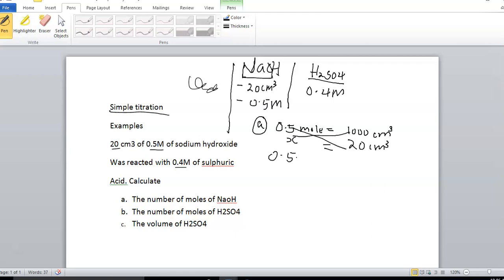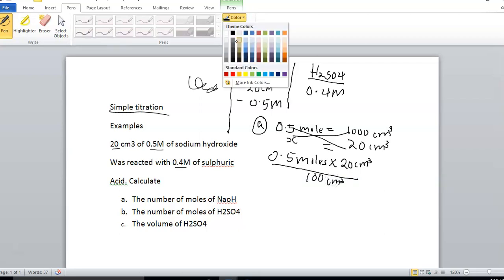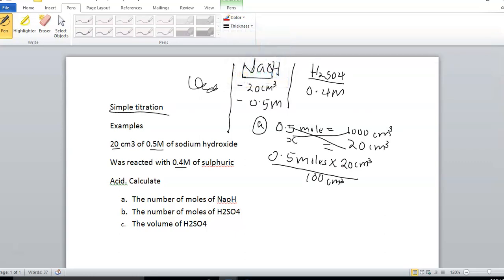So 0.5 moles times 20 cm³, all over 1000 cm³. The cm³ and cm³ cancel. Then we get 0.5 times 20 divided by 1000.